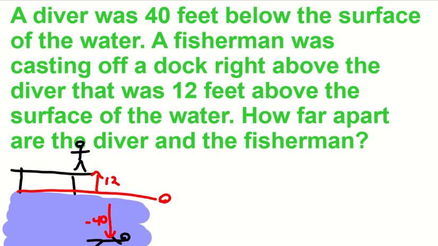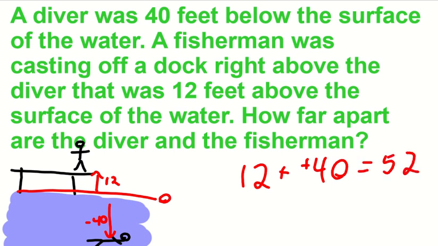If you want to find out how far apart they are, the distance is what it's asking you for. That can be done as a subtraction problem. If you take the positive number and subtract the negative, when you do your same change change, you end up with 12 plus 40, and that equals 52.